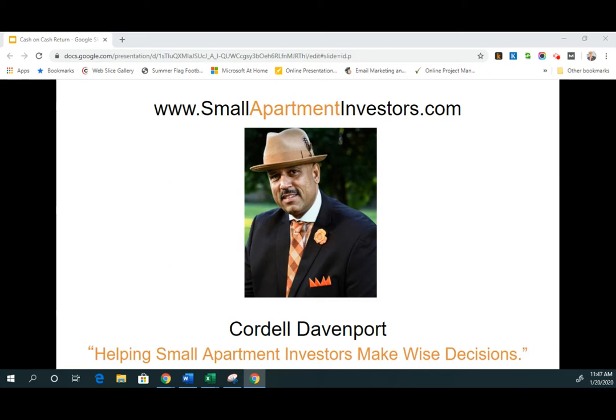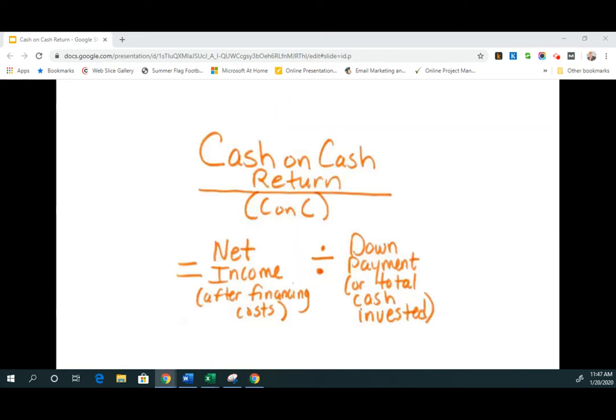And I'm going to talk about cash on cash return, using this to help analyze an investment. Okay, cash on cash is a term that investors use to gauge their first year return of cash that is invested in a deal.